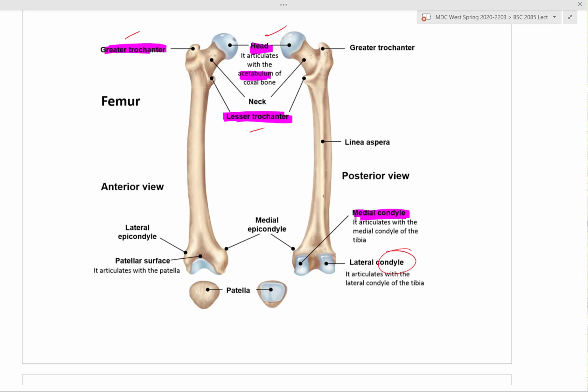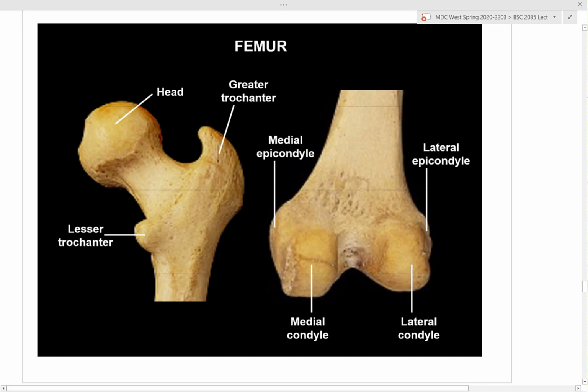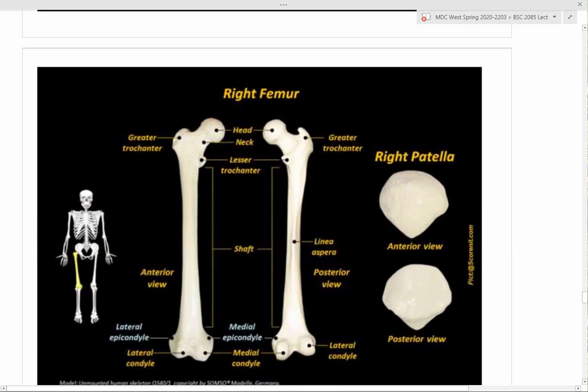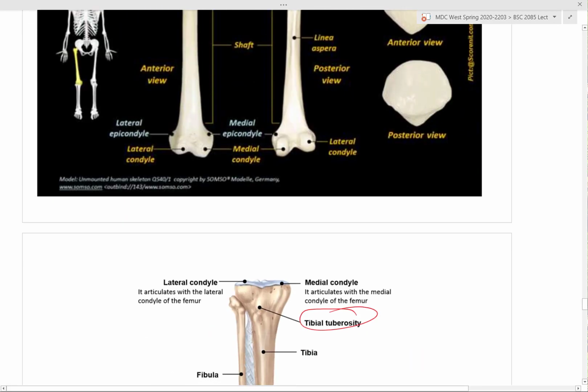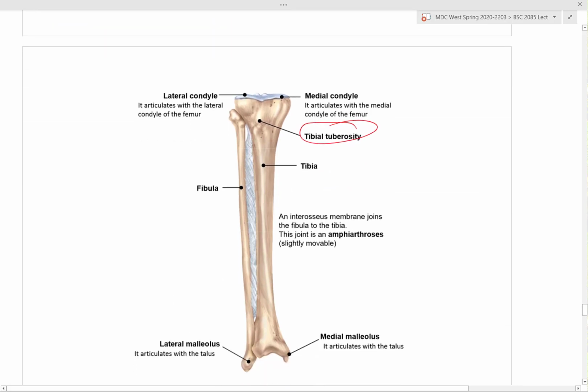The knee joint, okay? So here's the femur. Here's another femur, same thing. And then we're going to talk about the tibia. On the tibia, you have lateral condyles and medial condyles, which are the ones that attach to the femur, okay? And that's what makes up the knee joint.